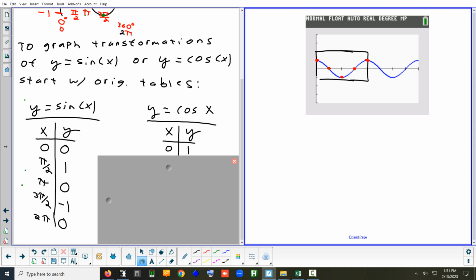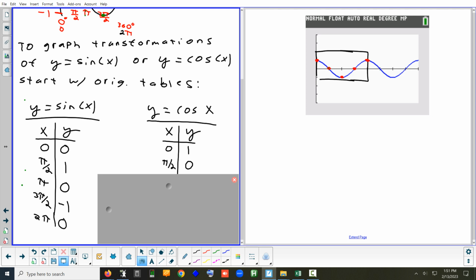So when we get to the second tick mark, we are at pi over 2. And what's my y value at that point? 0. So that second one is pi over 2, 0. You don't have to do these 5 points, but if you do other ones, it's not going to give you as good of a picture. Okay, we always want to get the maximum points, the minimums, and then wherever it crosses the x-axis. Those are the 5.